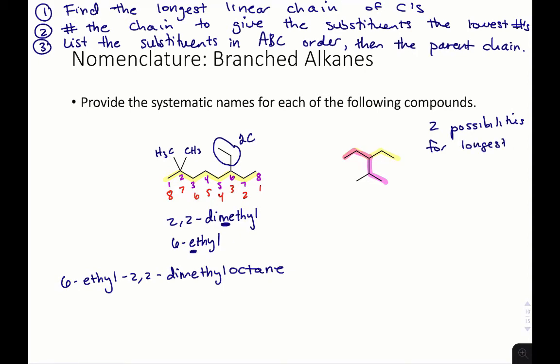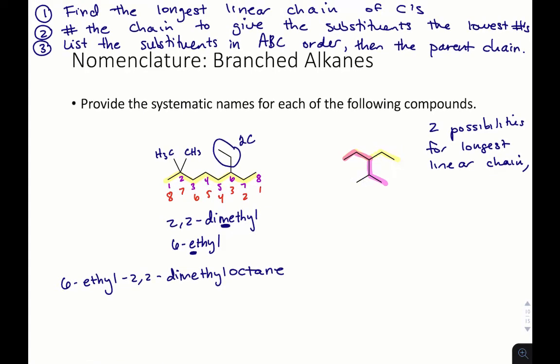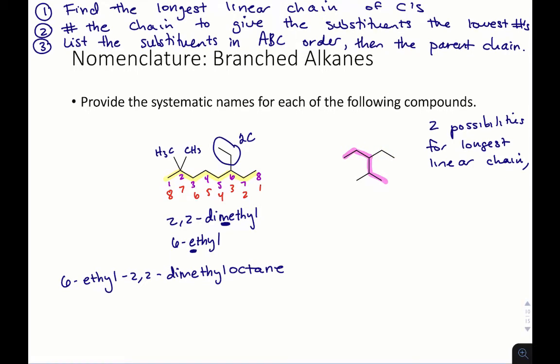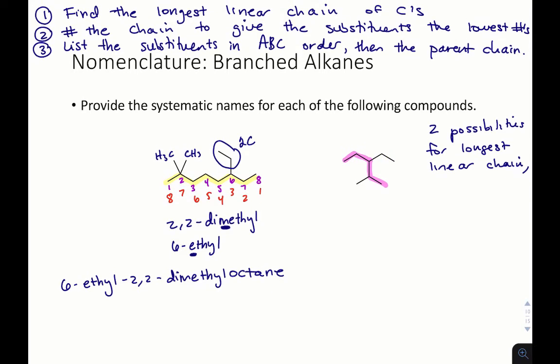Well, we're going to choose the one that has the most substituents on it. And that would be the pink one, because the pink one would have 2 substituents on it, whereas if we went with the yellow chain, we'd only have this 1 substituent. So it's going to be the pink longest linear chain. See if you can name this before I do.